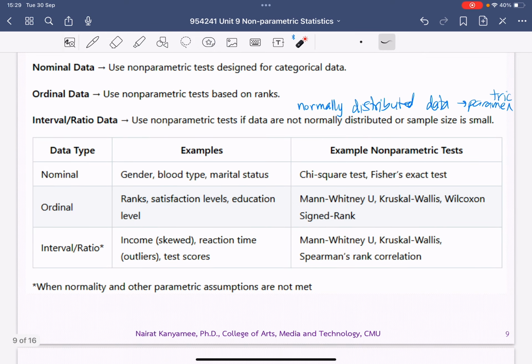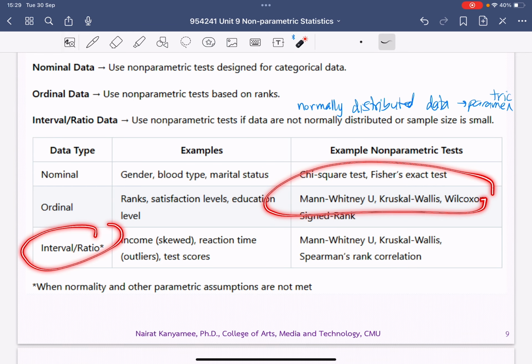So here are examples. For nominal data, for example blood type, gender, marital status that I've said before, we use the chi-square test and Fisher's exact test. For ordinal data, we have tests here.